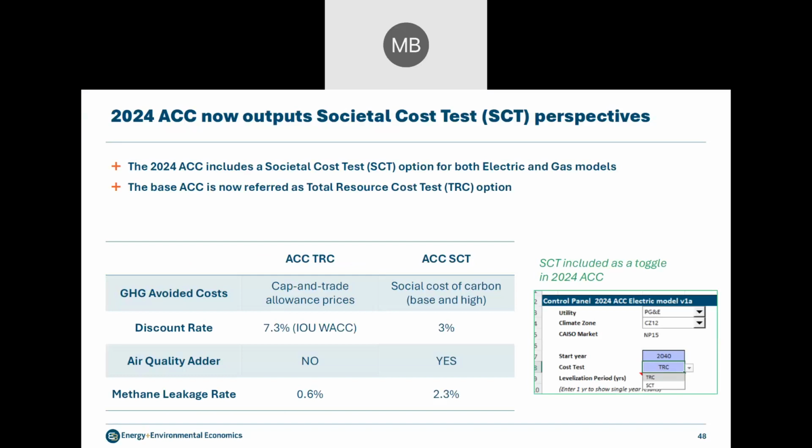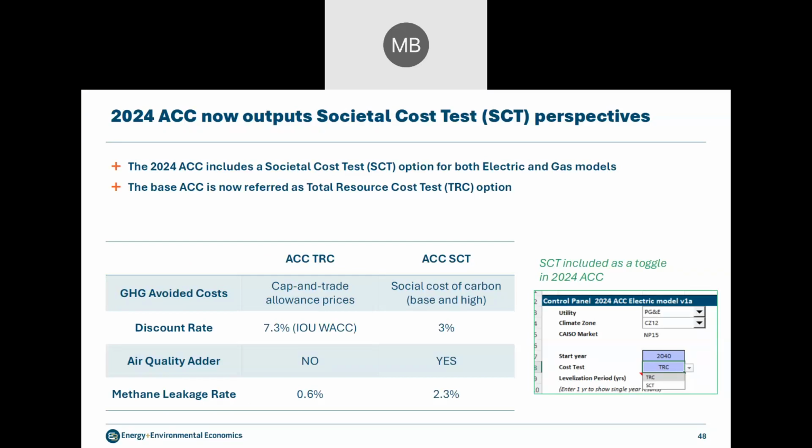The societal cost test, or SCT, on the other hand, represents a broad societal perspective for avoided costs. As I'm showing on the right in the screenshot, if you go to the electric model right now, you will be able to toggle between the TRC and SCT options, and it will automatically produce different results.